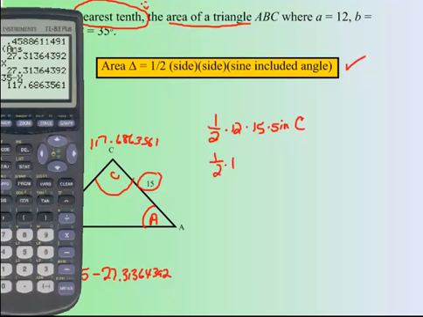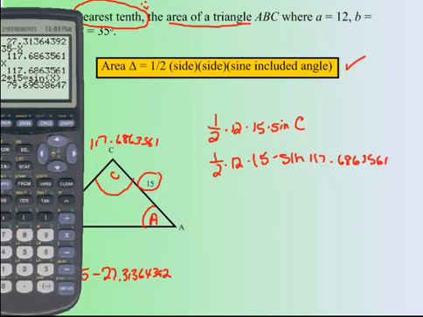All right. Let's erase this and let's finally get to the area. One half times 12 times 15 times the sine of 117.6863561, but we've stored that. We're going to store that answer to x now. All right, 0.5 times 12 times 15 times the sine of x, where I stored my answer.